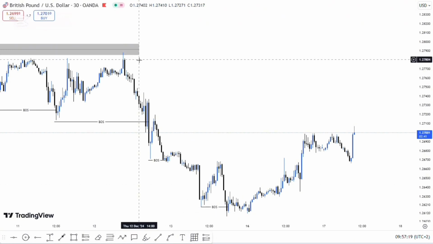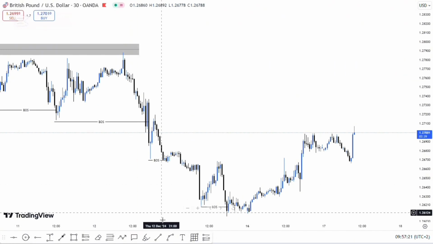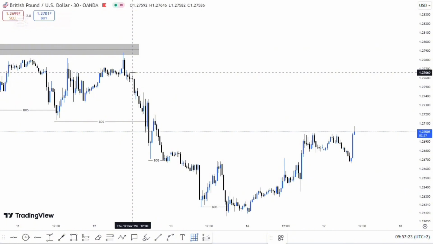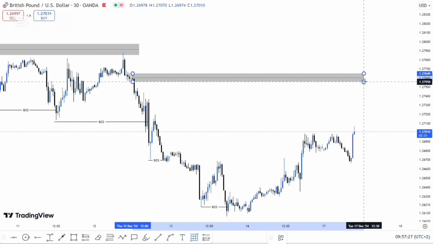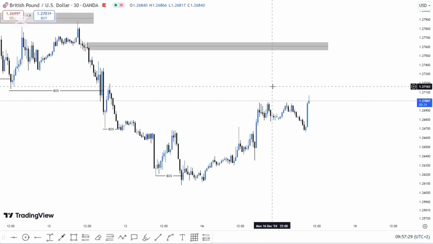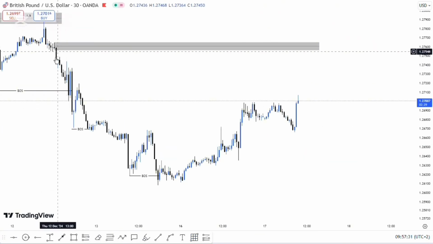Now what we need to do is to locate the origin which caused the break of structure, which is this origin right here, the last candlestick before the impulsive move.